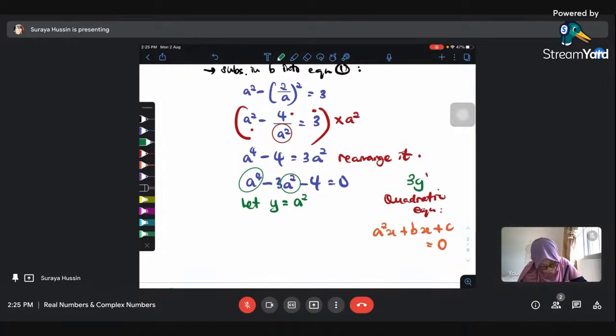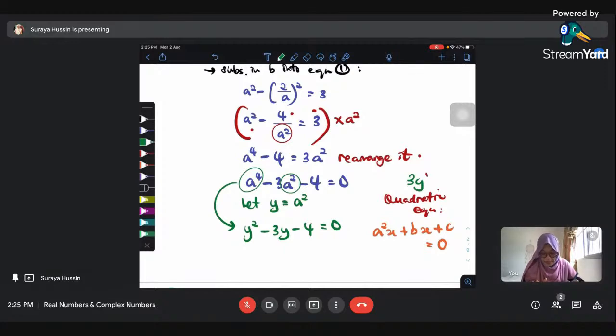So this will become y squared instead. Okay, this one dia jadi y squared sebab kalau you masukkan A squared times squared is A4, right? So saya menggantikan sementara menggunakan huruf y: y squared minus 3y minus 4 equal to 0.